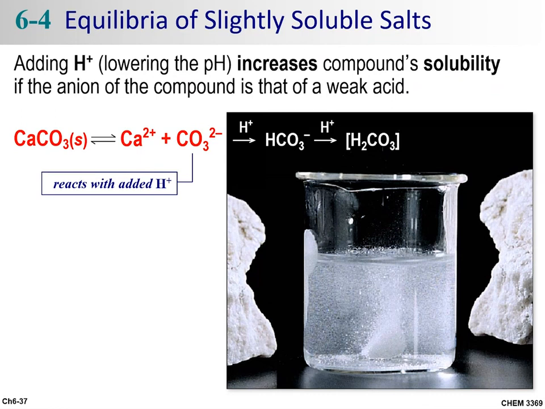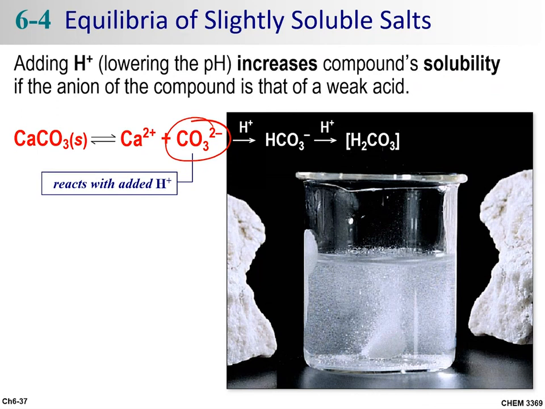So what we're doing here by adding acid is removing the product, the carbonate. Now again, invoking the Le Chatelier principle, if you're removing product from your reaction, the equilibrium position will be shifted to the right, which means more calcium carbonate will dissolve.